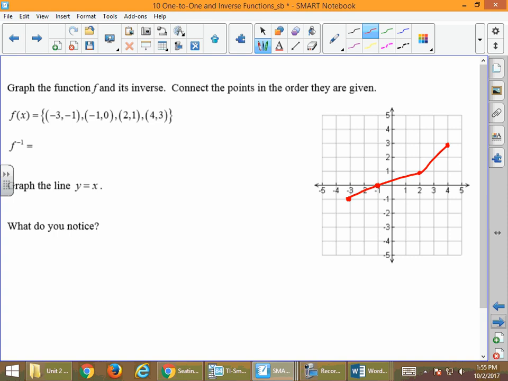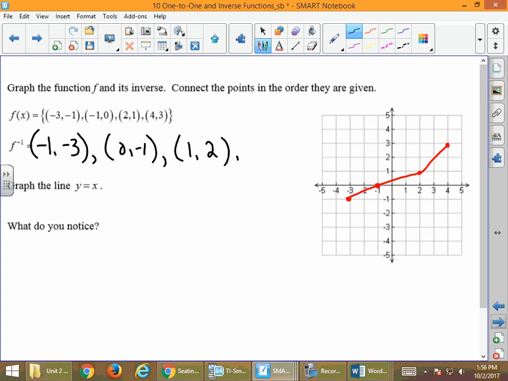To find the inverse, we need to switch the x's and the y's. So -3, -1 becomes -1, -3. -1, 0 becomes 0, -1. And 2, 1 becomes 1, 2.